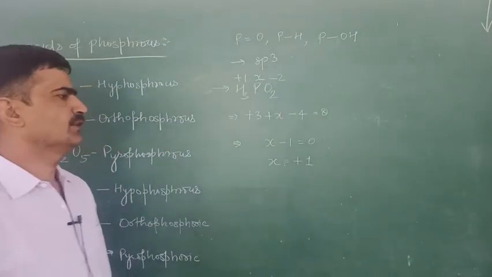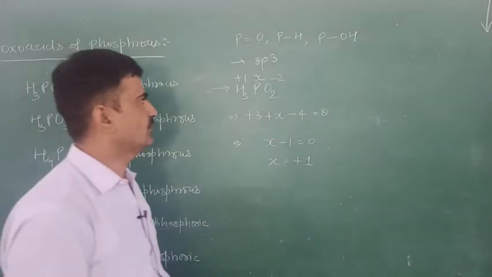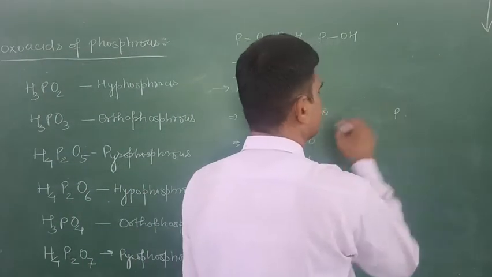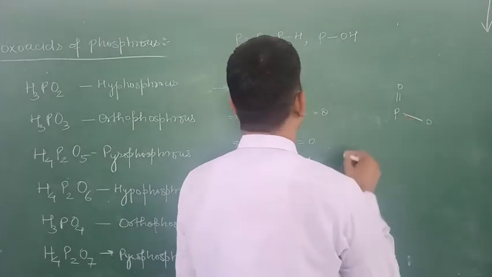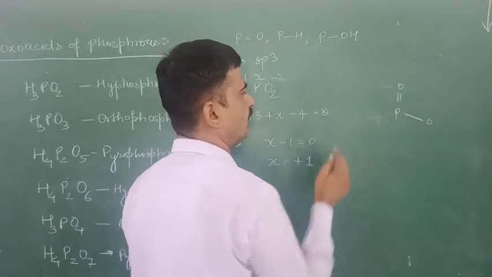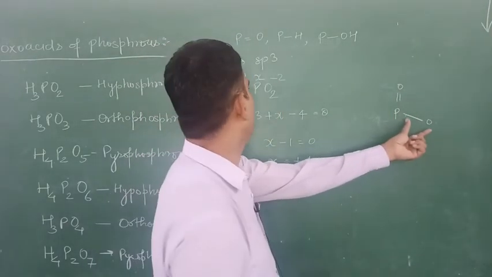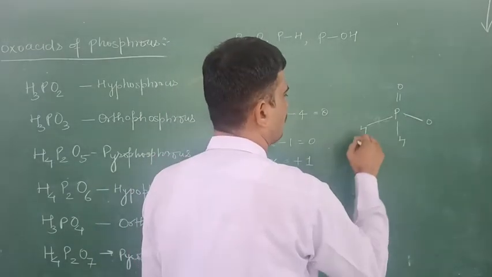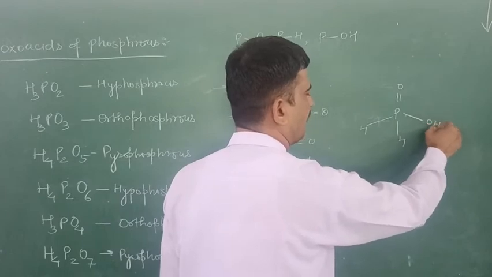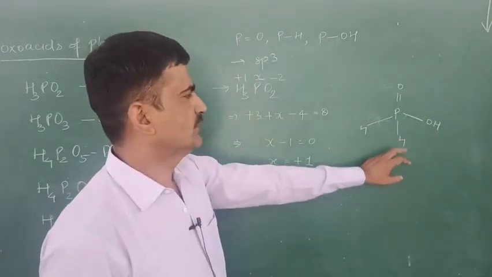This is the +1 oxidation state. What is the structure of this? This is the central atom, with one P=O double bond and one P-OH bond. In that, these two hydrogens will attach to phosphorus and one hydrogen is attached to this oxygen.